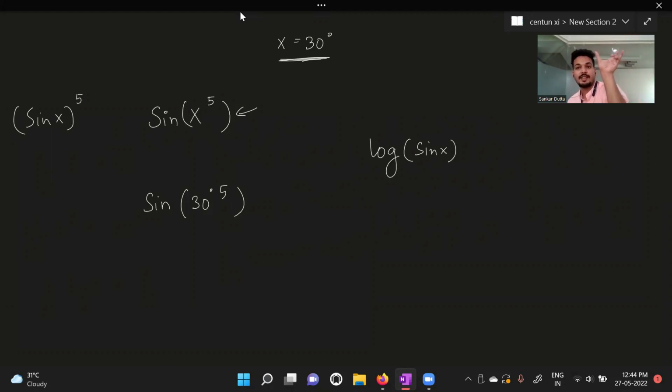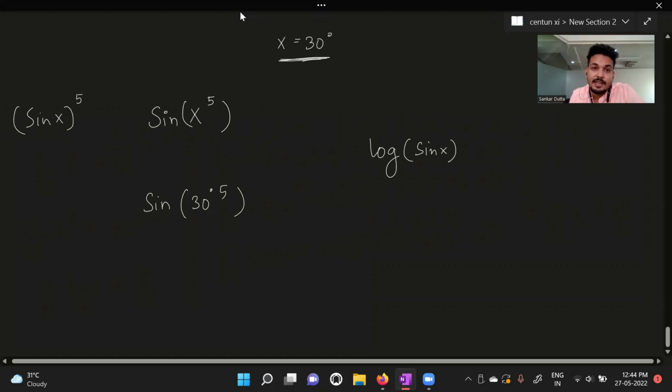Once you get that answer, you put sine of that particular angle. But in the second one, sine x raised to power 5, you will do sine 30 first. Sine 30 is half, and then half raised to power 5. So these are two different functions.